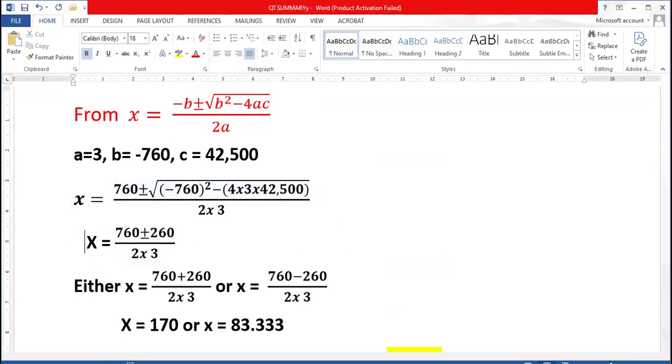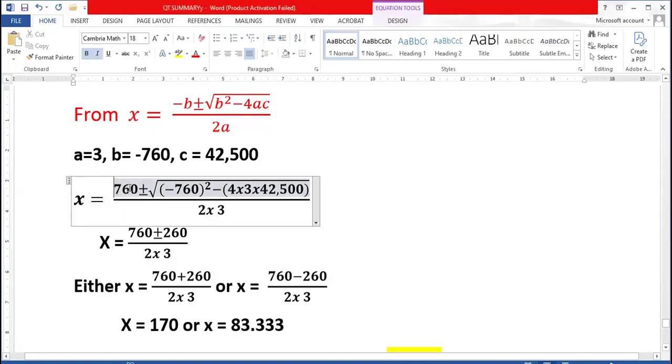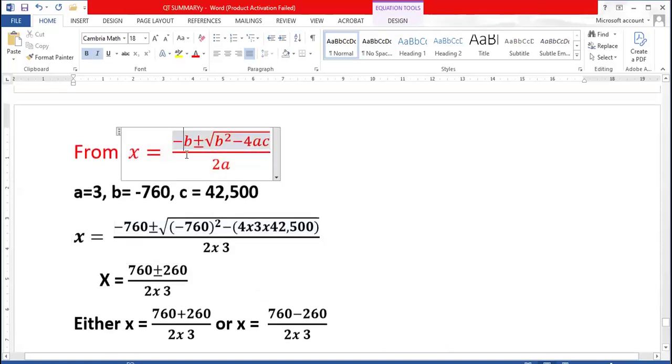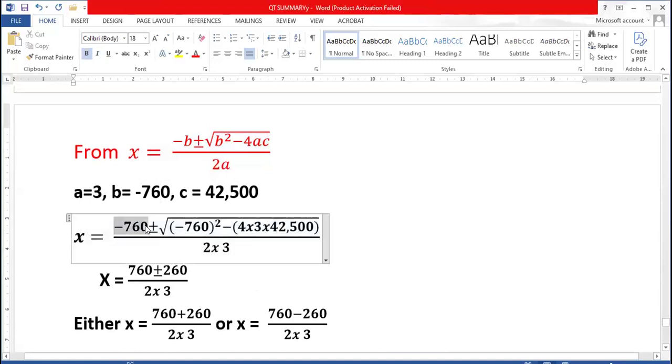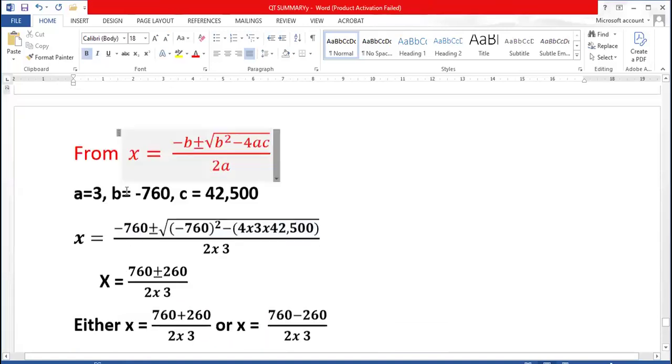Okay, when you explain it like that, I feel it's okay. But when you're given a positive B. Yes, if it is a positive B, then of course on your formula it will be negative, then you write positive 760. It will remain as negative. It becomes plus only if your B from this equation was negative.